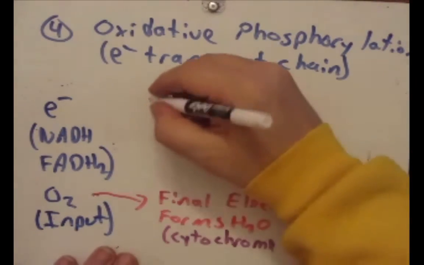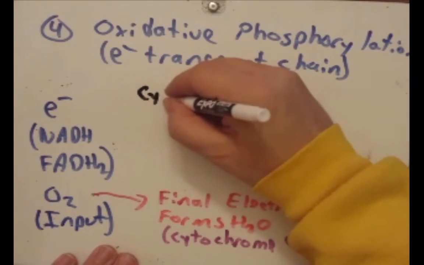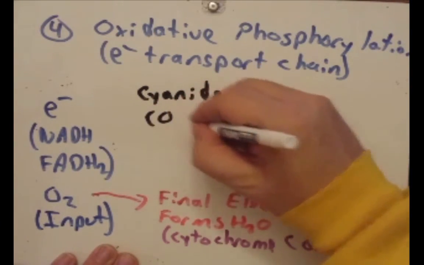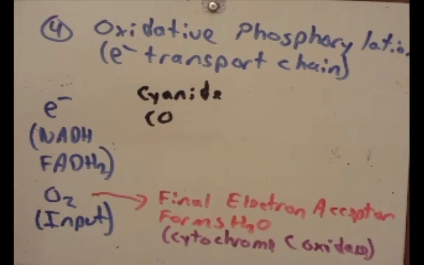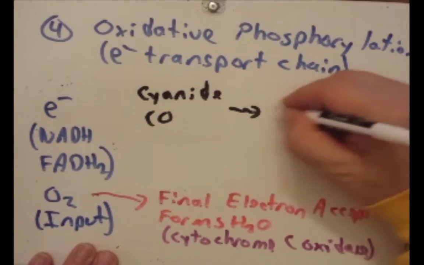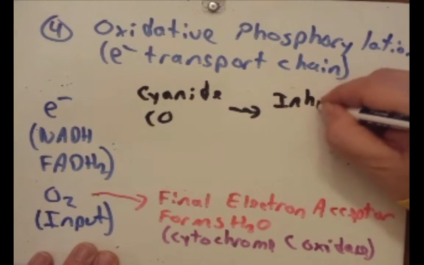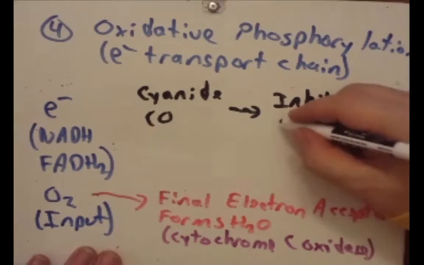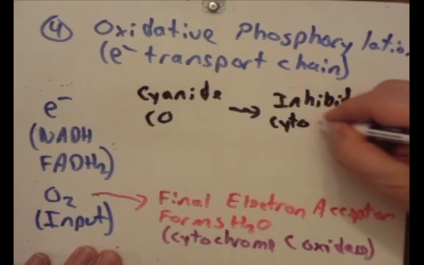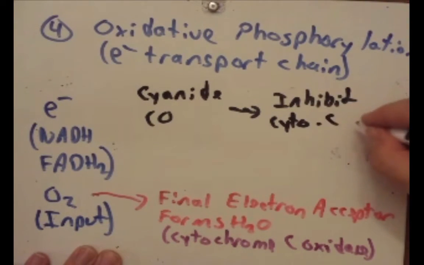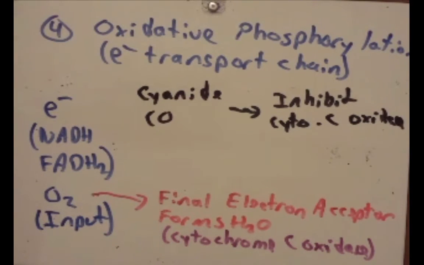And if you think about this poison called cyanide, or even carbon monoxide, they work very similarly. What they do is they inhibit this cytochrome oxidase. And so now cytochrome oxidase cannot act as this final electron acceptor and convert it into water.